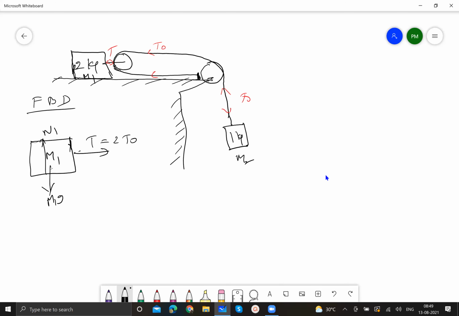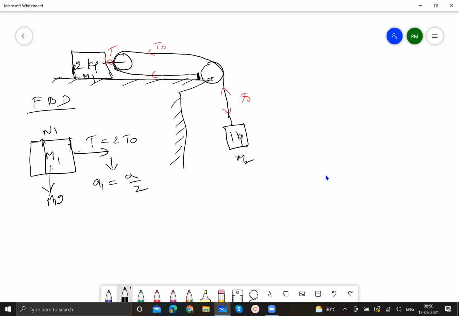M1g, normal reaction. And here we apply the constraint equations. Because T is equal to 2T naught, according to the constraint equation, A1 is equal to A by 2. There are derivations, we need not go for it. Remember, if tension here is 2T naught, then its acceleration will be half of the other block.